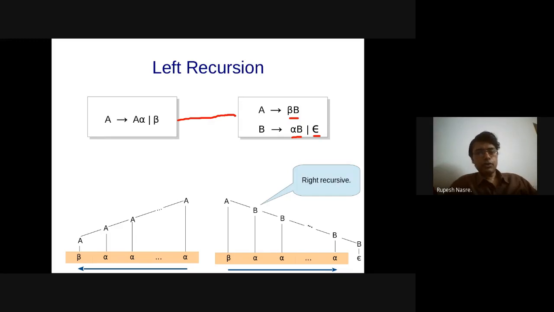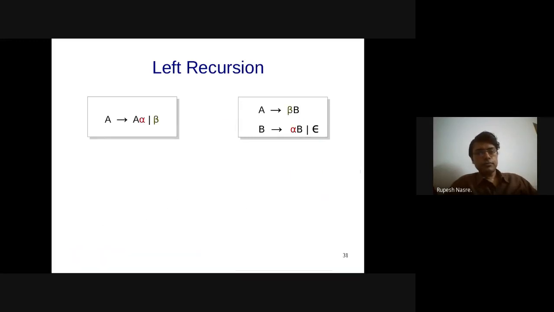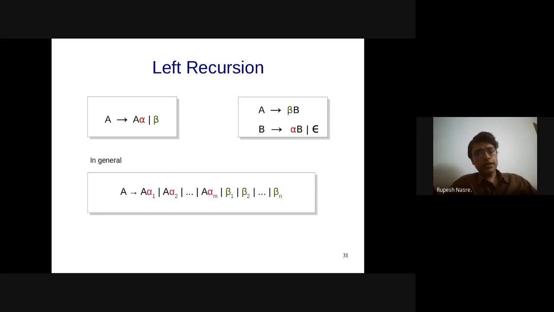Okay, so we'll say that these are equivalent. In general, you might have multiple such production rules for the same left recursive non-terminal, where you might have A alpha 1, A alpha 2, etc. Those are the left recursive parts, and then there are multiple base cases, beta 1, beta 2, etc. So let's say that there are m such left recursive productions and n base cases which do not involve the left recursion.